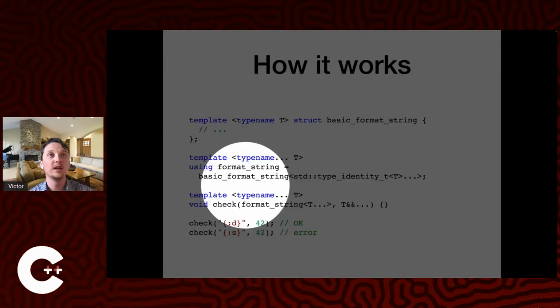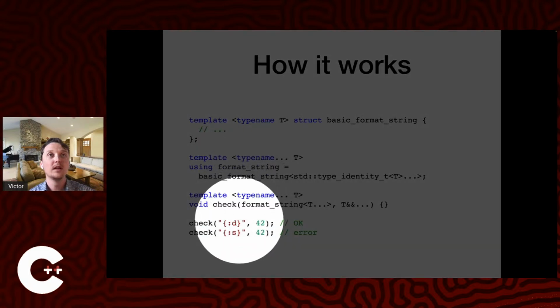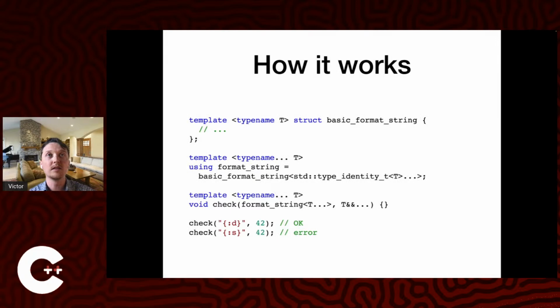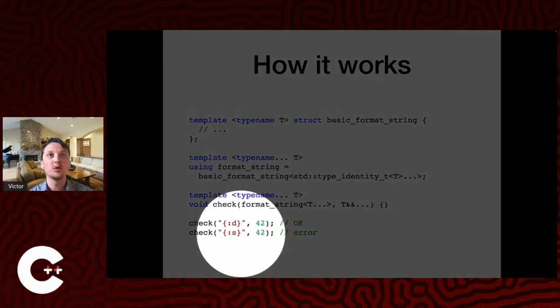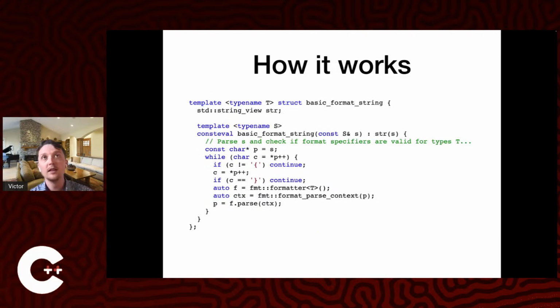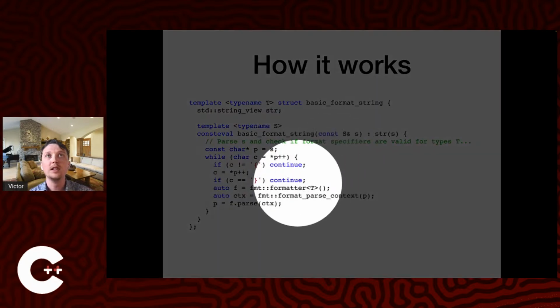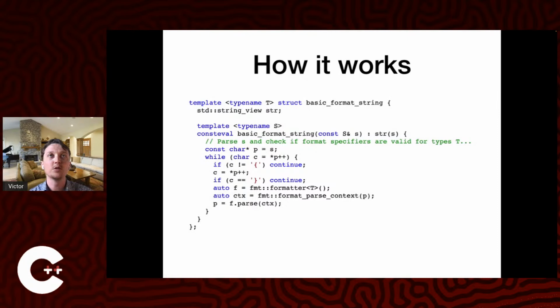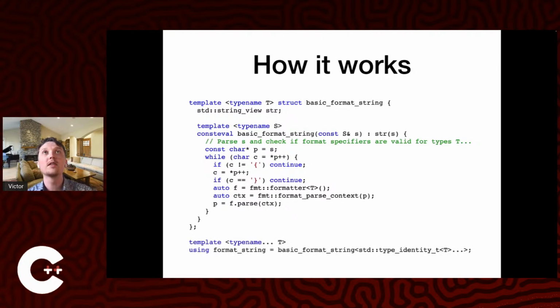If we pass a number and try to format it as a decimal, it works. If we try to format it as a string, it will give you a compile time error. Of course, it relies a lot on the implementation of formatters. So some logic is hidden here, but otherwise, all the building blocks are there.